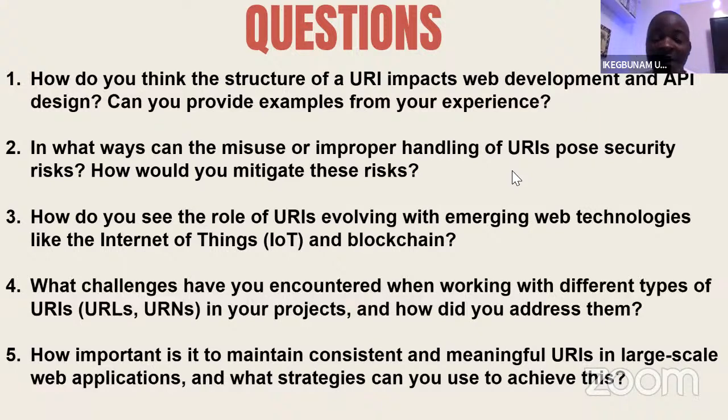At the end of the day, even the hosting company may suspend your account because it is putting so much weight on their server. So the case of misuse or improper handling of uniform resource identifiers is about protection, making sure the users of your application feel secured while using it.